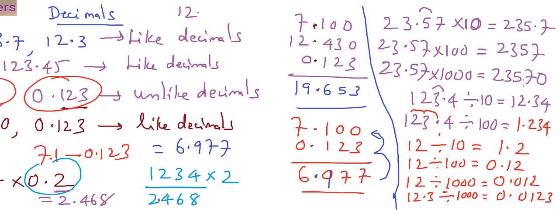So it's very simple. For multiplication or division by numbers like 10, 100, 1000, 10,000, it's simply a question of shifting the decimal place appropriately. For multiplication we shift to the right, and for division we shift to the left.